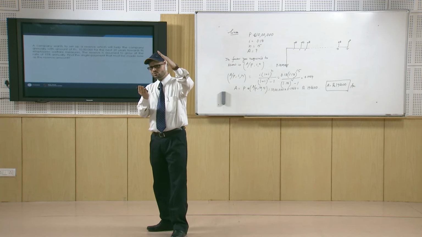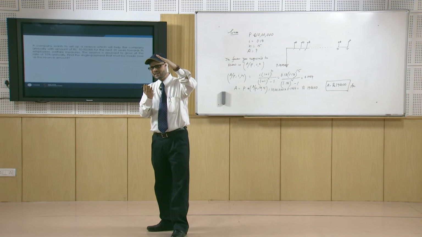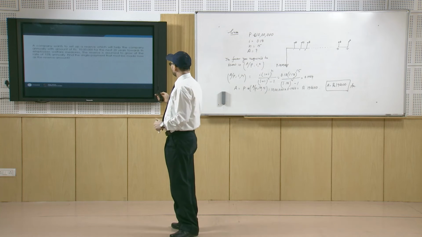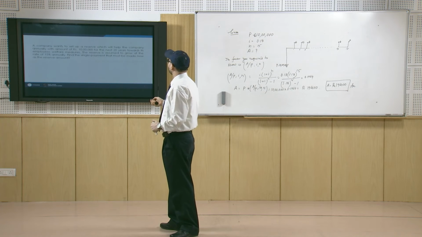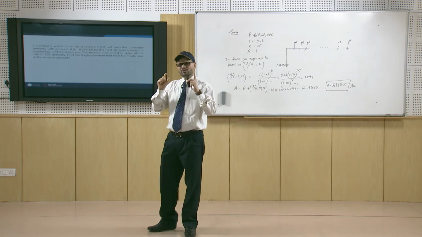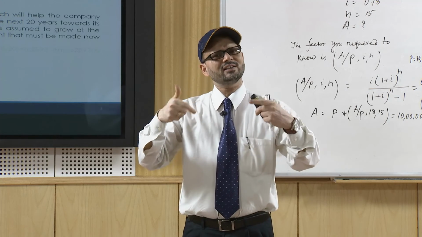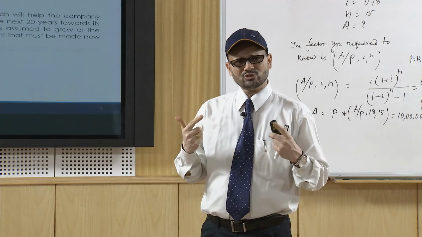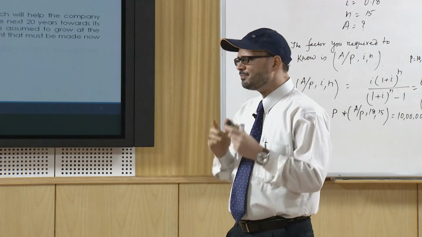So, the company has to get the value of P now, so that it can get annually this amount for the welfare. So, basically here you have known value of A, equal year end payment, and that is why the factor which will be used is P by A, i, n.